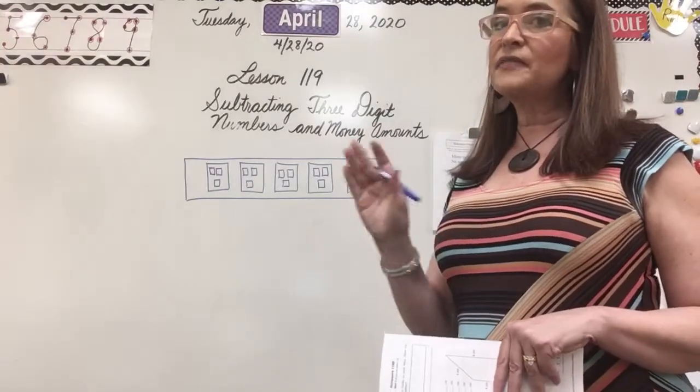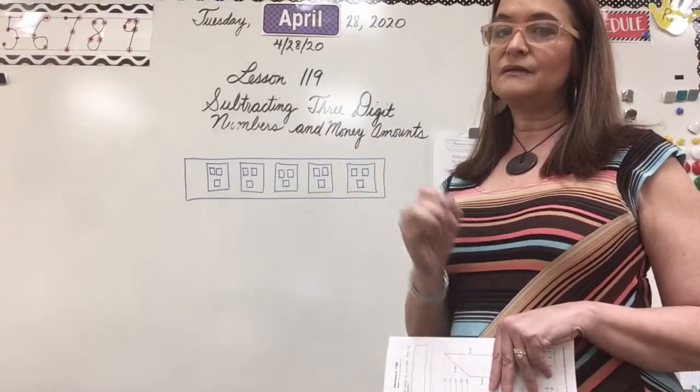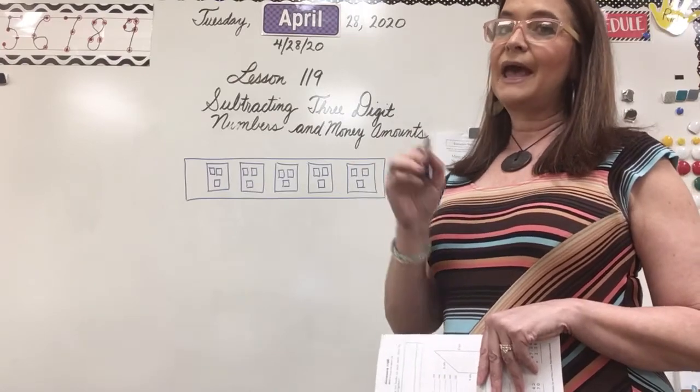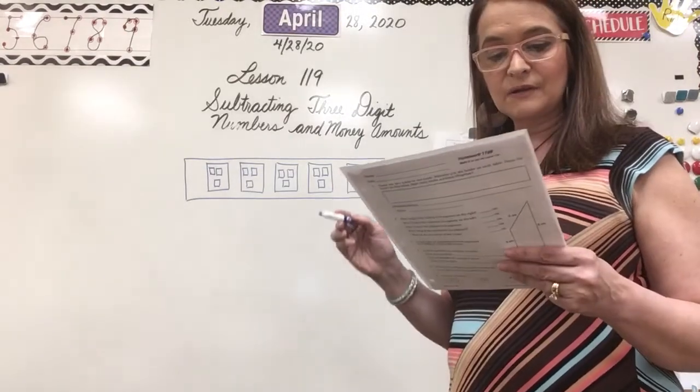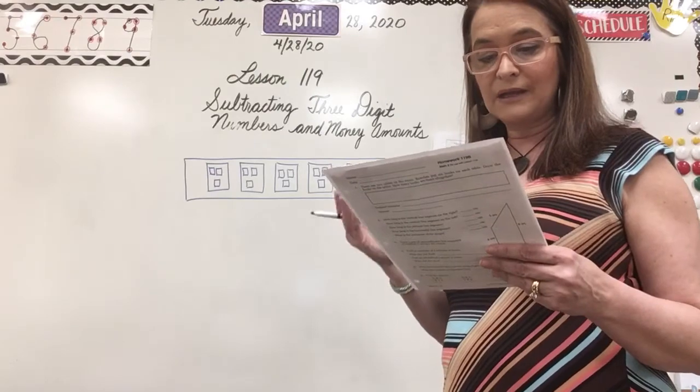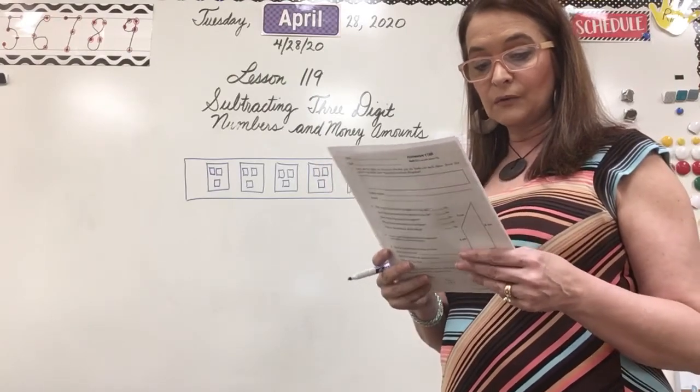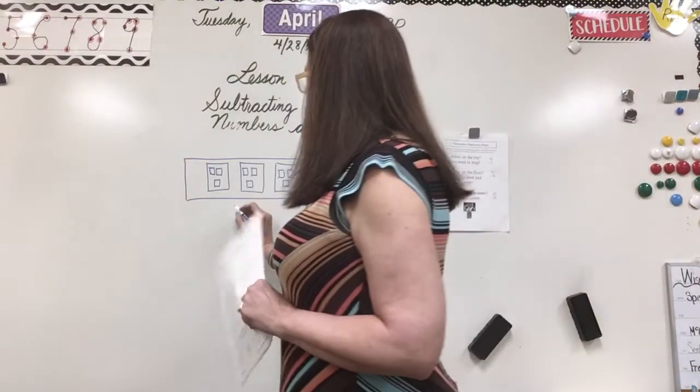Good job. All right, Lainey, can you tell me what the number sentence would look like? Now, first of all, think about how many desks that you drew, and then how many books are on each desk, because we're really wanting to know how many books total, right? So tell me what you have.